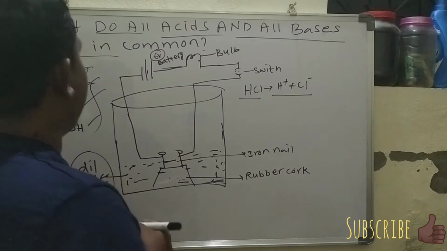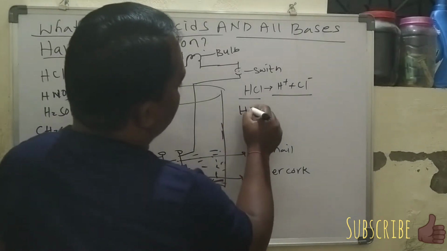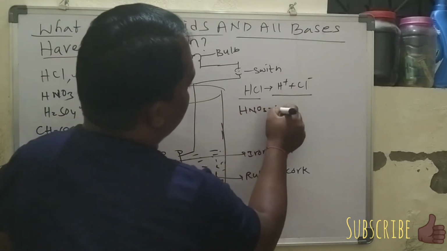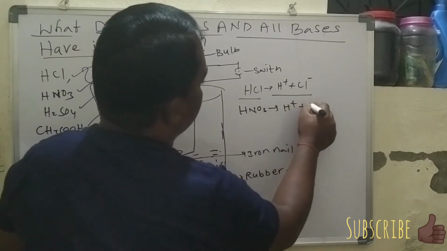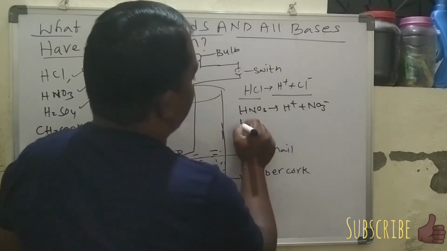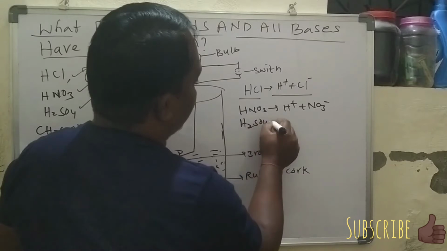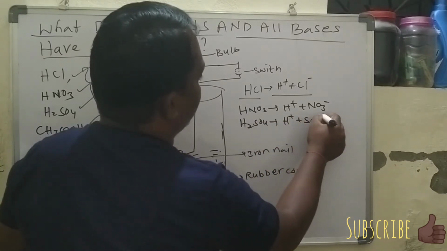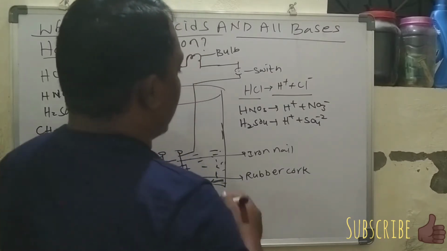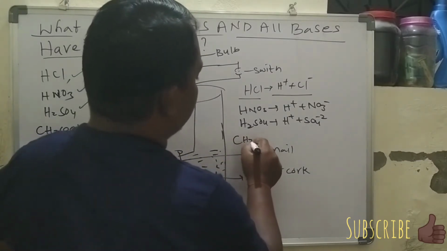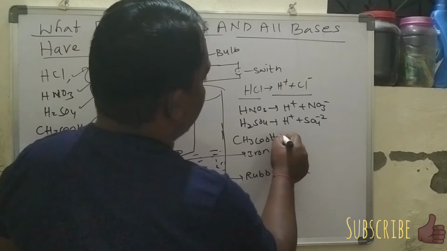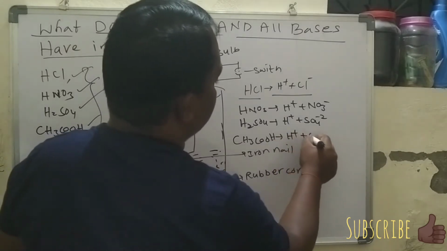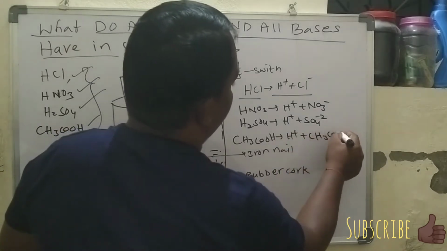When we take diluted HNO3 also, it gives H+ and NO3 minus. H2SO4 also gives H+ and SO4 2 minus, and CH3COOH gives H+ and CH3COO minus.